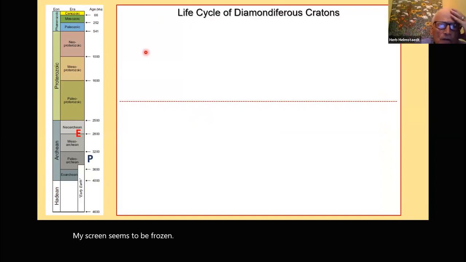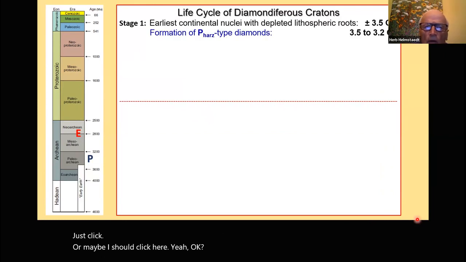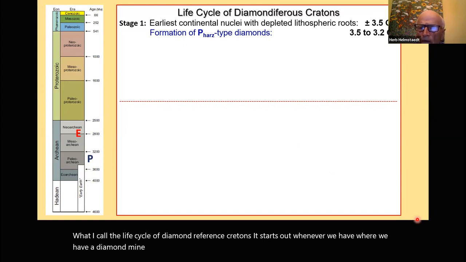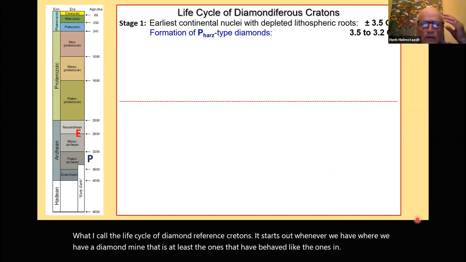Okay, most cratons can be described in what I refer to as the life cycle of diamondiferous cratons. It starts out where we have a diamond mine, at least the ones that have behaved like the ones in the Kaapvaal craton.